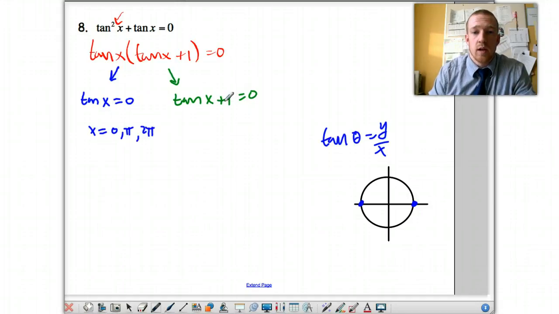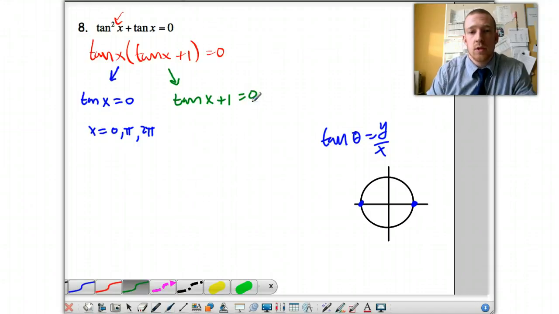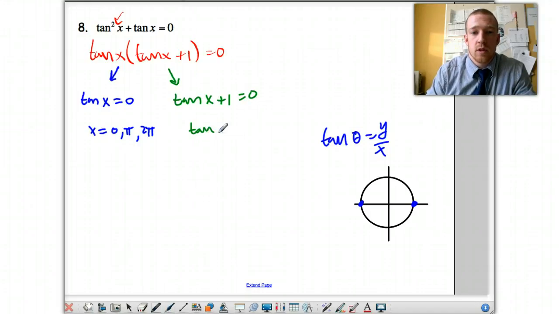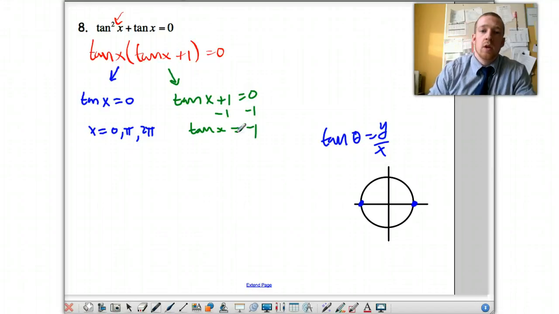And then we are looking at where tangent x plus 1 equals 0. Well, that's going to give us tangent x equals, subtract 1 from both sides, -1. So tangent x is going to equal 1 when the y and x values are the same.